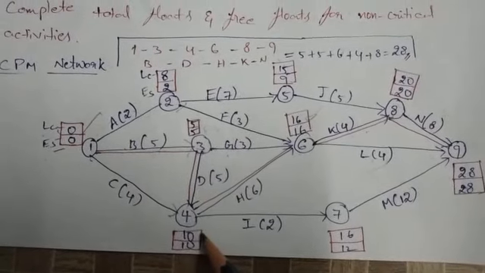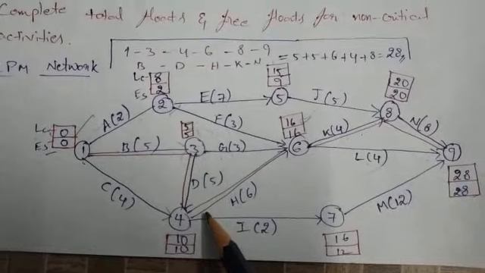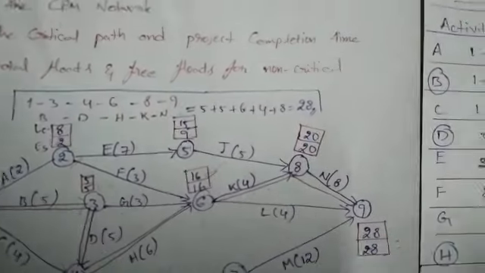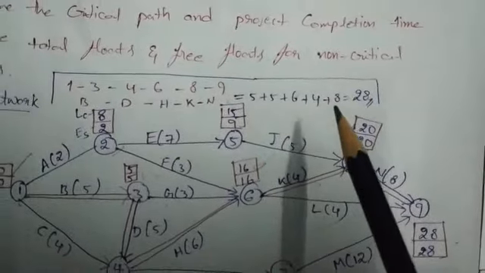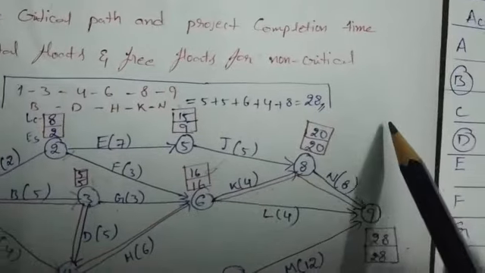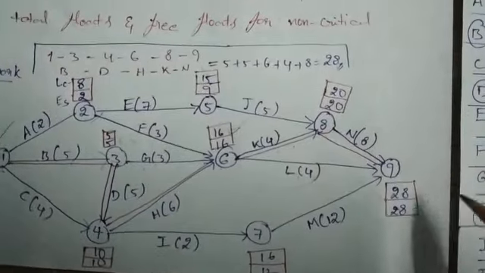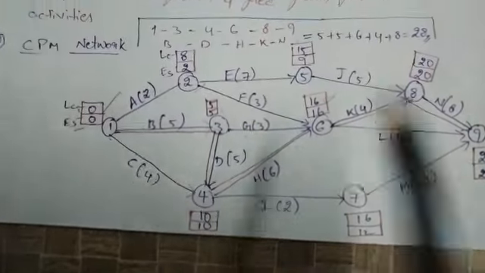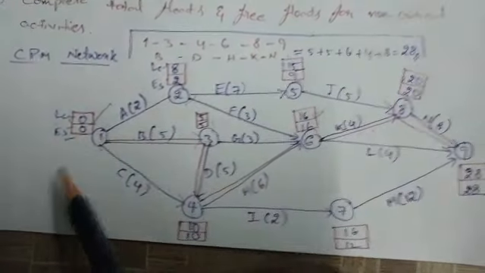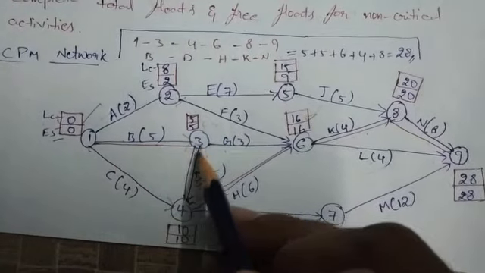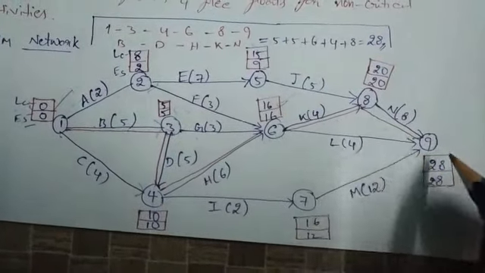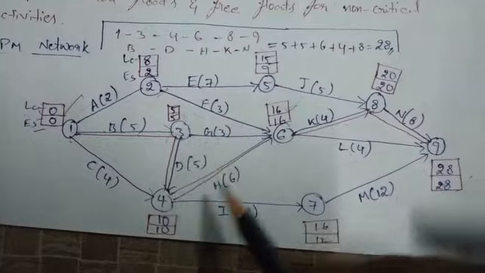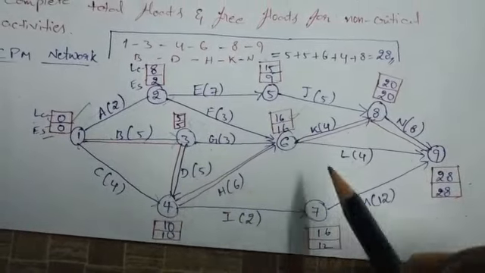Fourth node, earliest time and latest completion time 10, 10. Then the 6th node, 16, 16. 8th node, 20, 20. And the 9th node, the last one, is 28, 28. So each node has the same values, and these same values are considered for the critical path. This is the easy way to find the critical path in the network diagram.